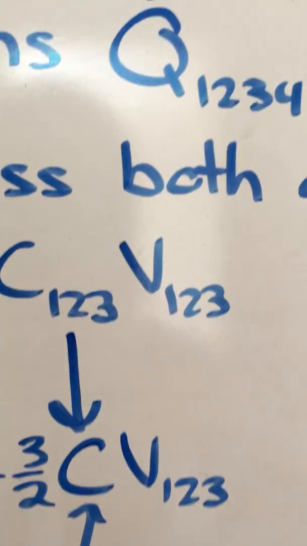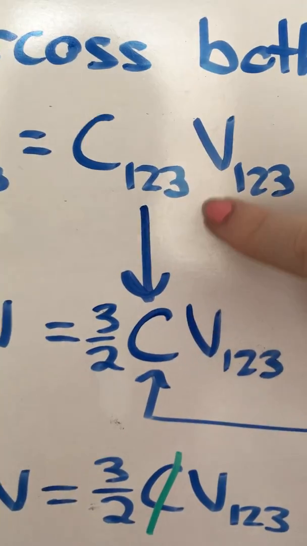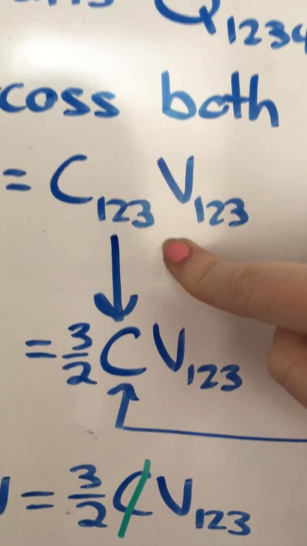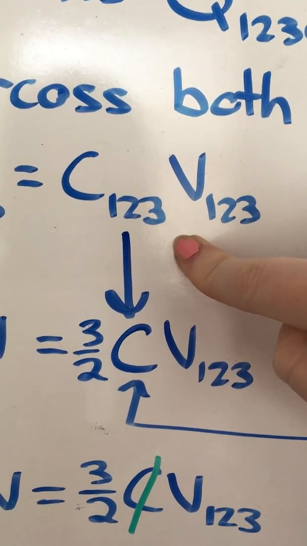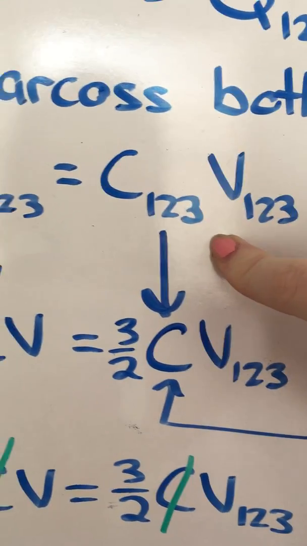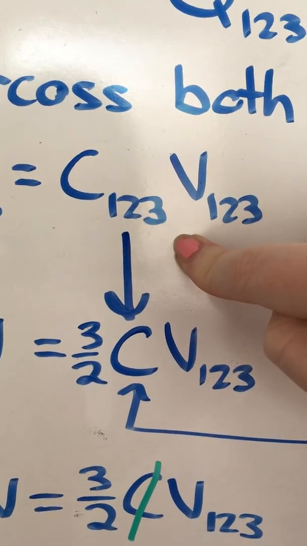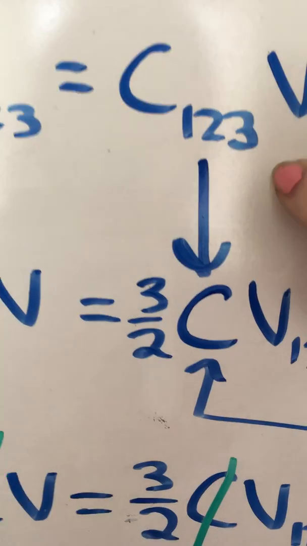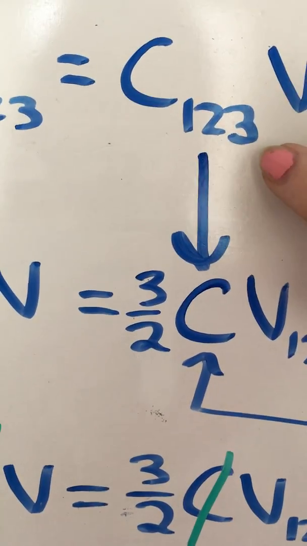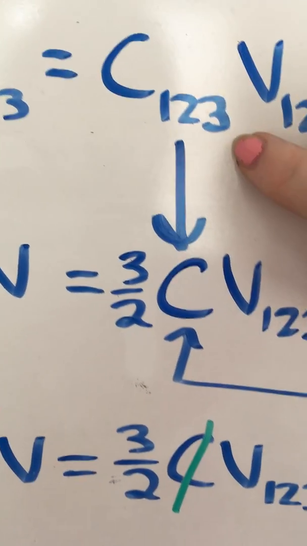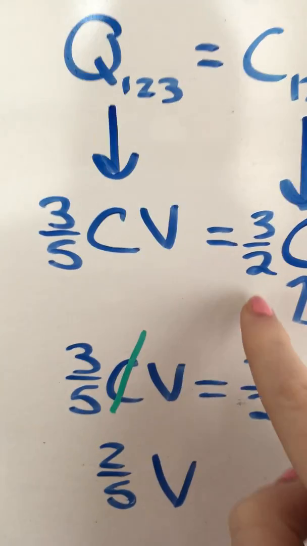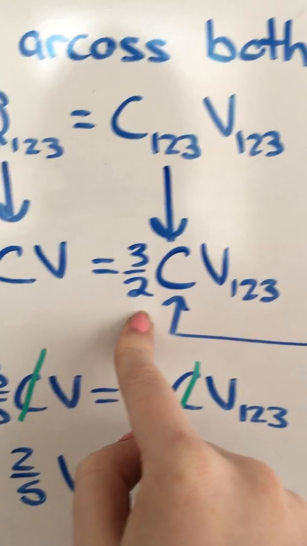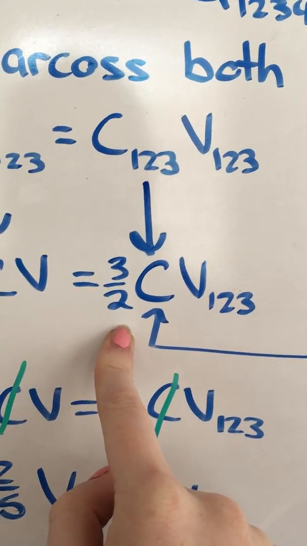And then this part is a little bit tricky because it doesn't really tell you this, but this is one of the answers that we found for number 1 when we're trying to calculate the capacitance for each of the capacitors. One of the steps that you get to, you will notice that C123 is equal to 3/2 C. So that's from part A, and that's something that's really easy to miss.